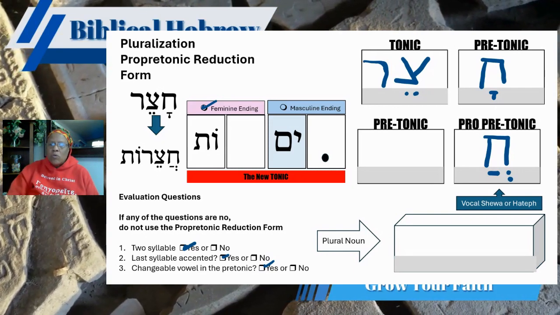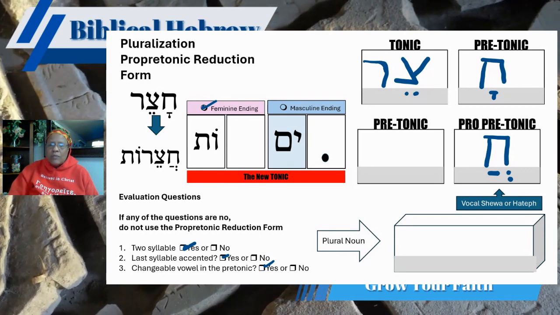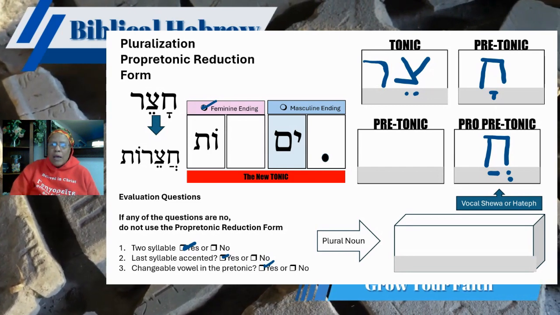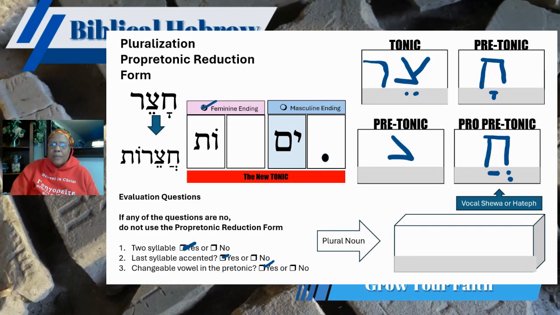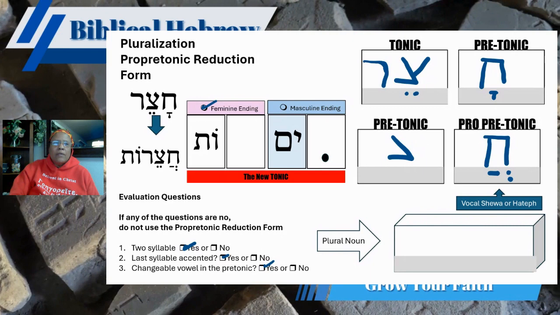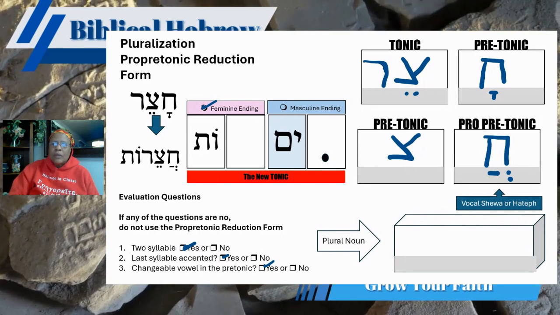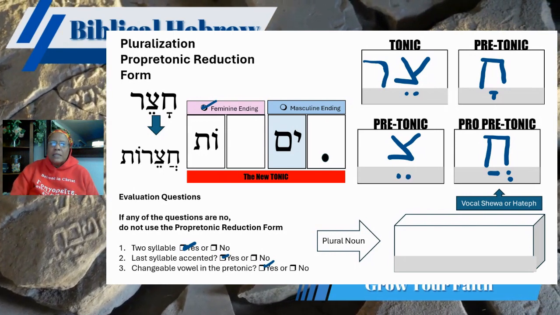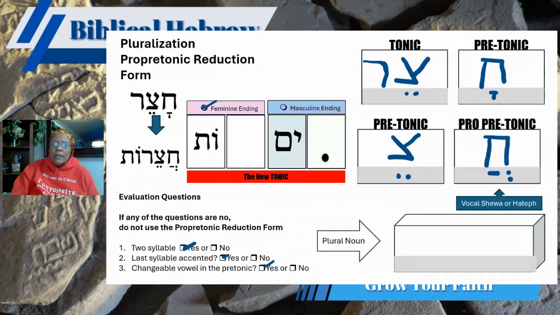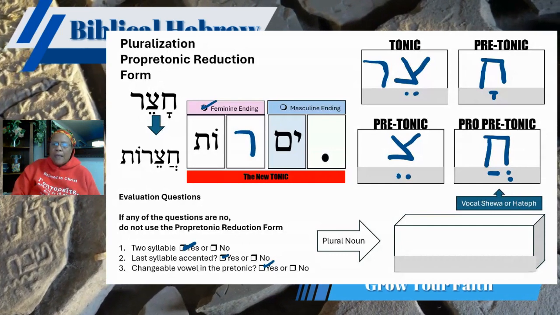So we are going to reduce the vowel to a hatef. Let's bring down the tsadi. That's going to have a sere as its vowel. And then we said that it is a feminine ending. So we're going to take this resh and put it right next to the ot for a new tonic.